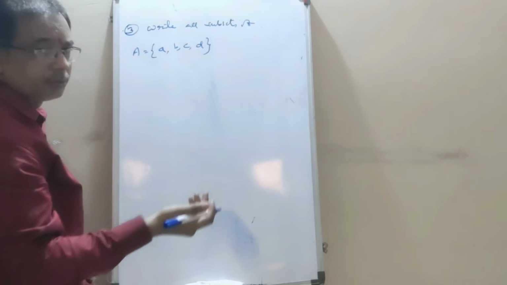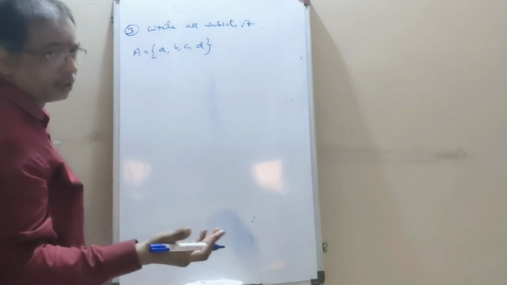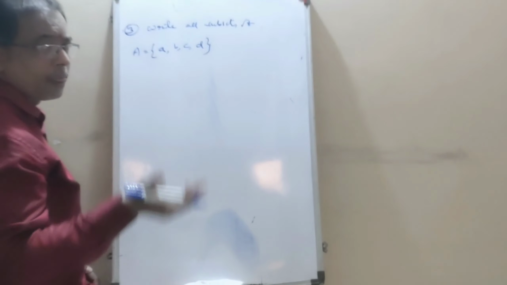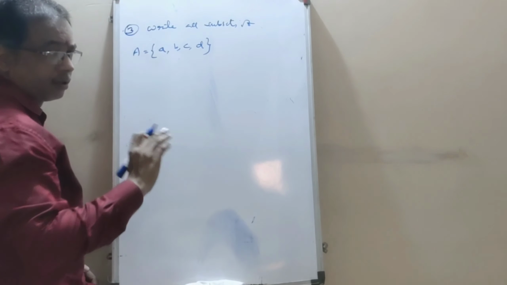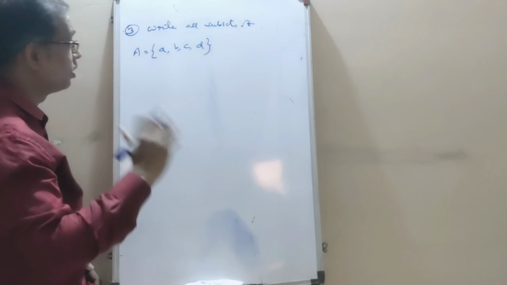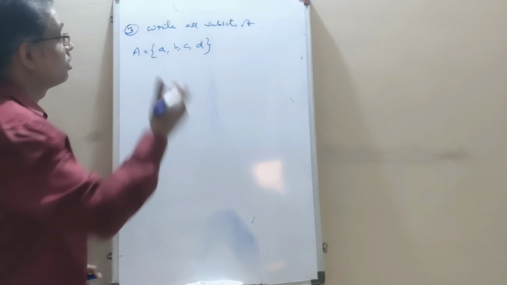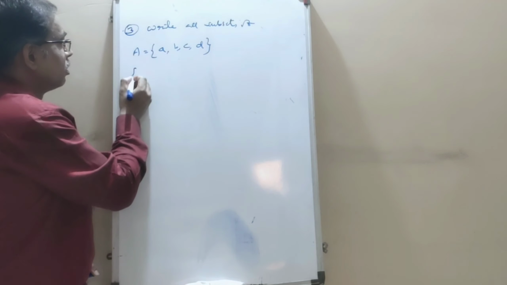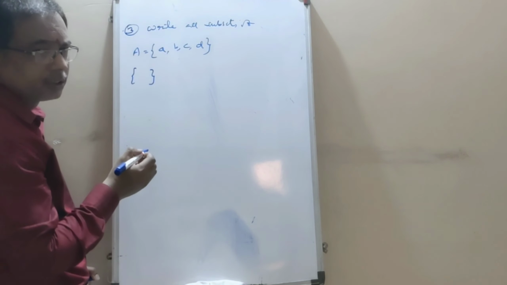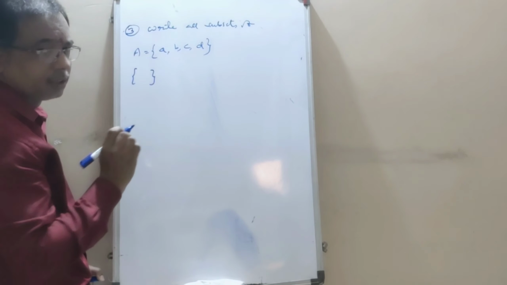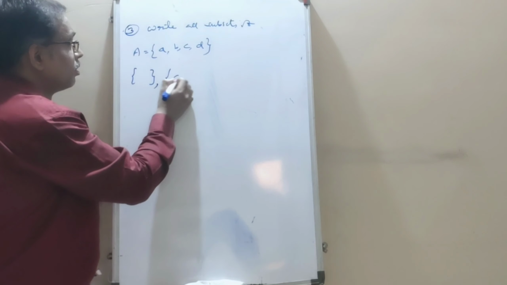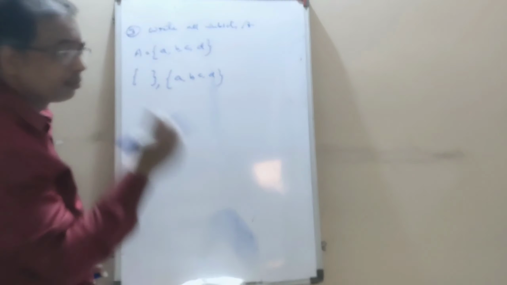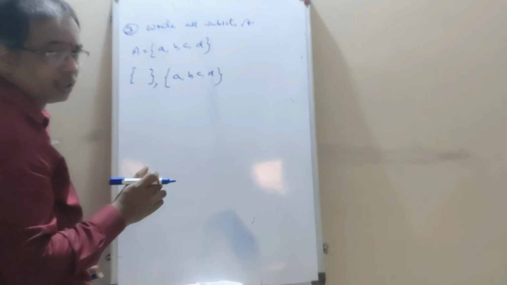That means subset means if A is a subset of B, then every element of A belongs to B. So here we have to write all subsets. We know that the empty set is always a subset of the given set, and the set itself, {a, b, c, d}, is also a subset of the given set.